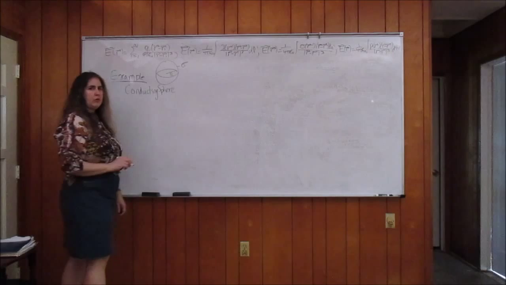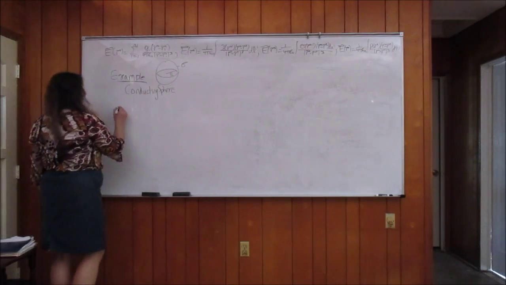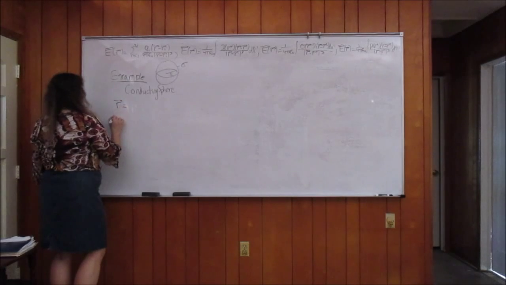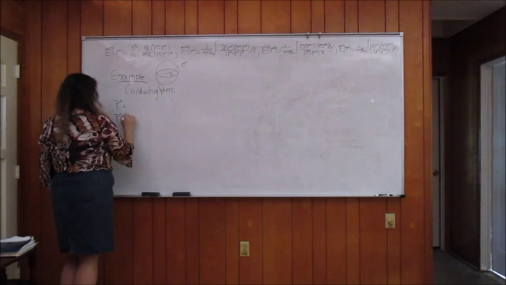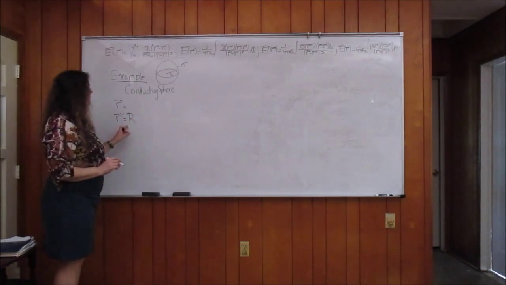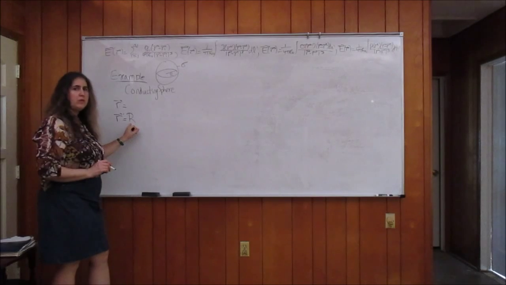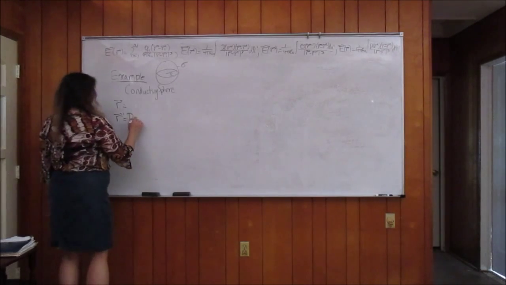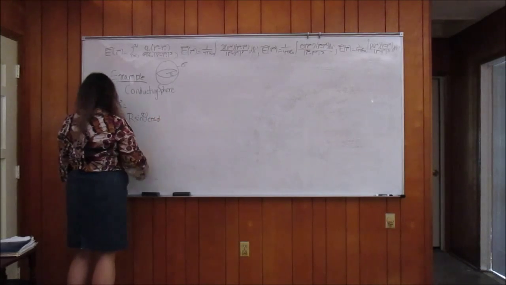What coordinate system do I want to use? Well, it's a sphere, so I might as well use spherical coordinates. In this case, because we are just on the surface of the sphere, the radius is going to be capital R. Sine theta prime, cosine phi prime.